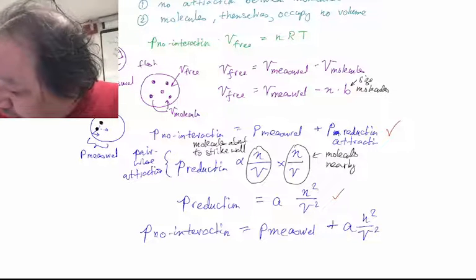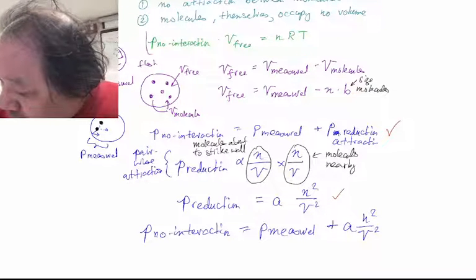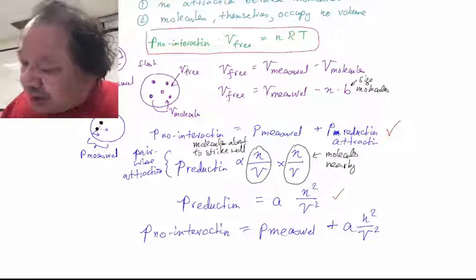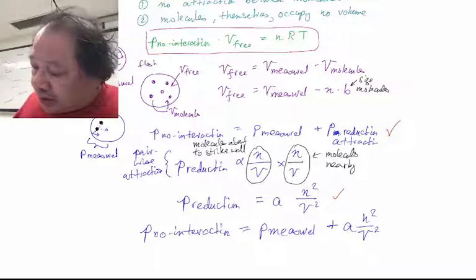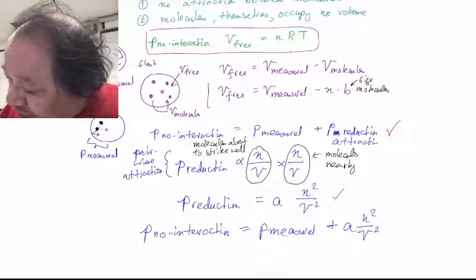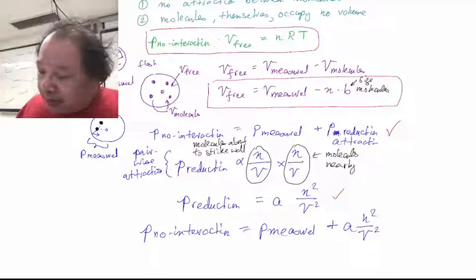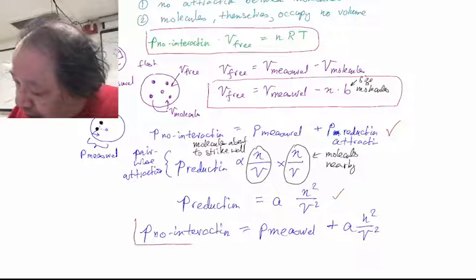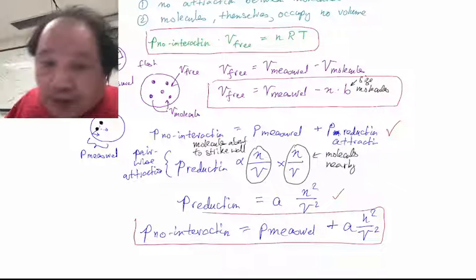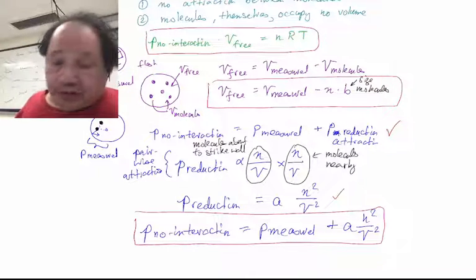So we have now three equations. P no interaction times V free is nRT. V free is equal to V measured minus nB. And P no interaction is P measured plus A n squared over V squared.